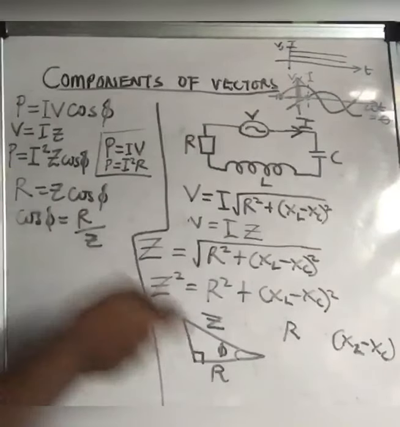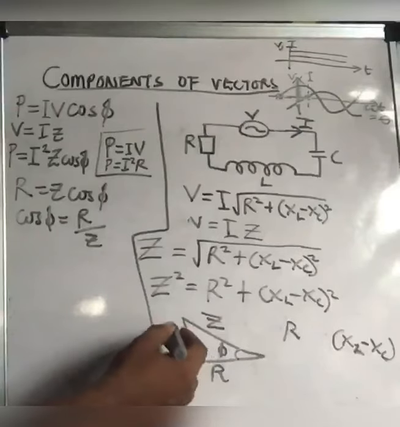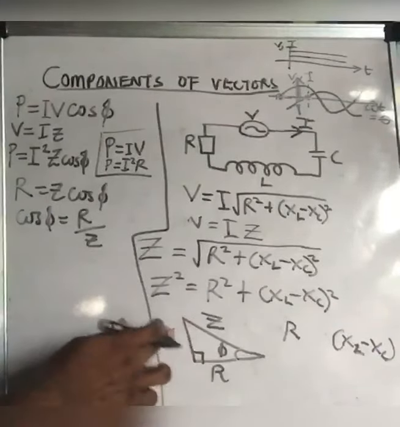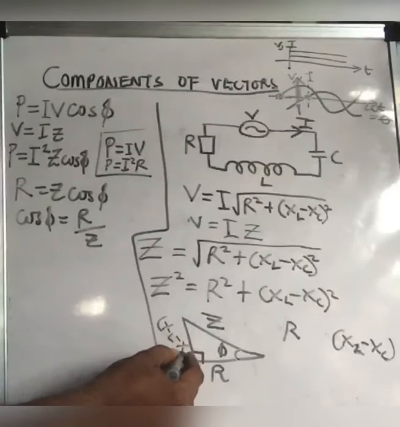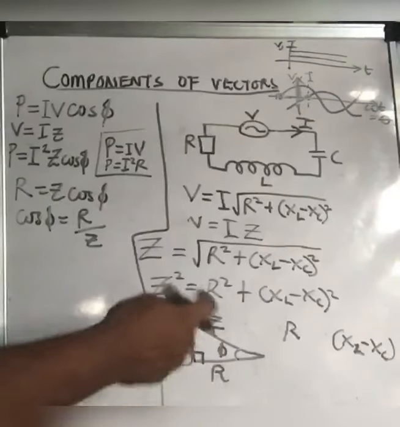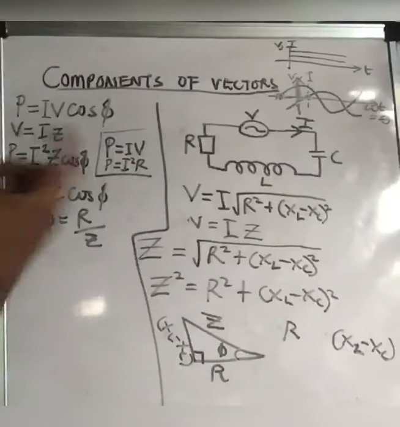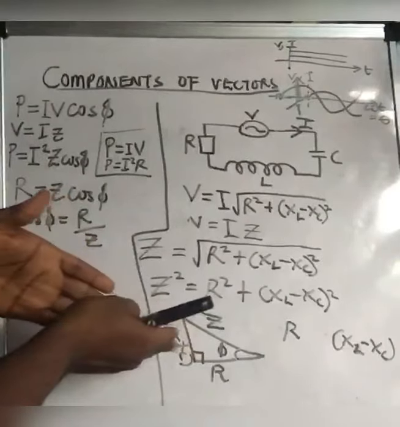So since R is the adjacent, then XL minus XC should be the opposite. Simple. So we've figured this out.